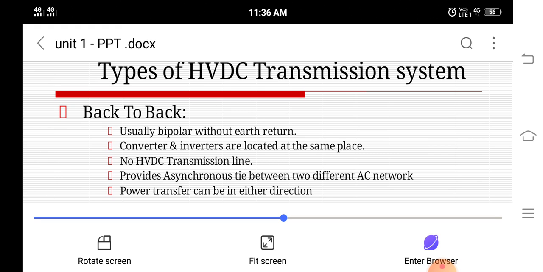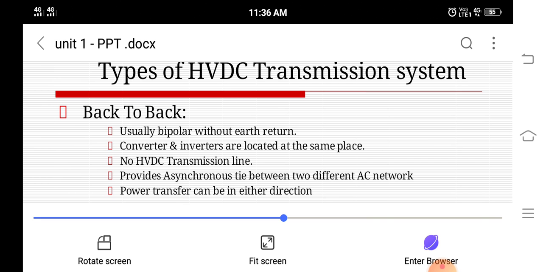An HVDC transmission line is not applicable here, because the sending end has one converter station and the receiving side has one converter station, both connected anti-parallel over a short distance. So there is no HVDC transmission line.